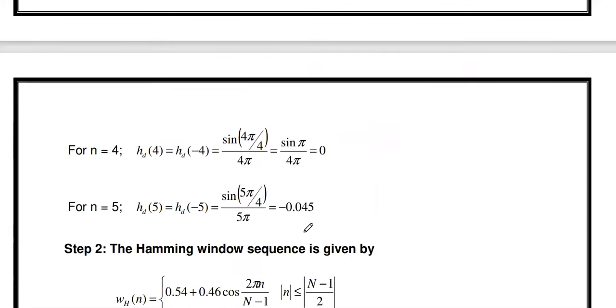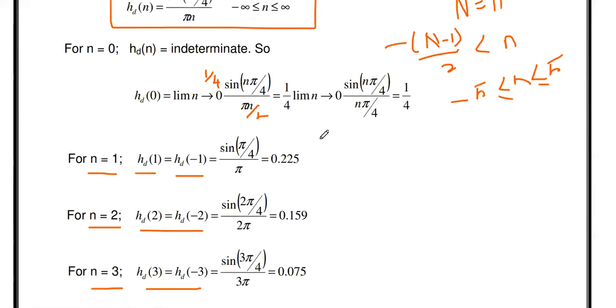Then for n equal to 4, the answer is 0, since sine 4 pi by 4 is sine pi, and the sine pi value is 0. Similarly, for n equal to 5, we calculated hd(5) as minus 0.045. So the 11 sequence values are calculated.